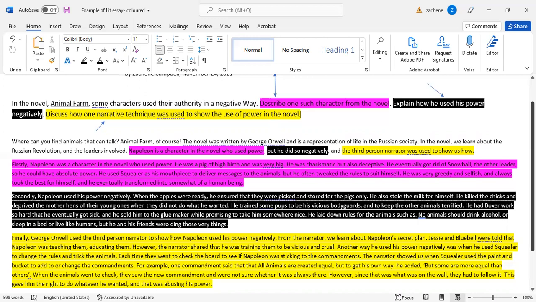Now, in order for you to choose anything from your story or your poem or your play to answer the question, you have to read all three sections. It is when you have read all three sections that you can choose the best option. So if you would have read just the first section here, describe one such character, and then you just move in, you might end up choosing a character who might not be able to work for this second part of the question, right?